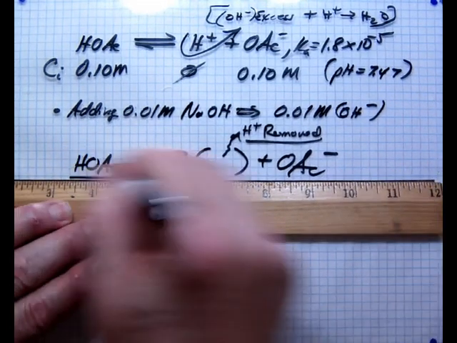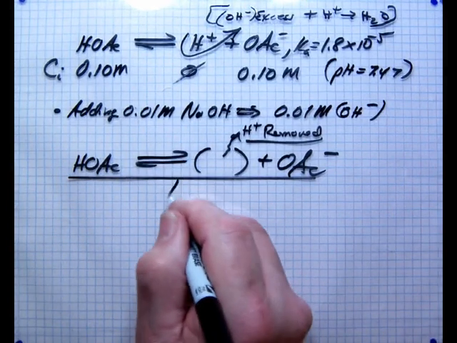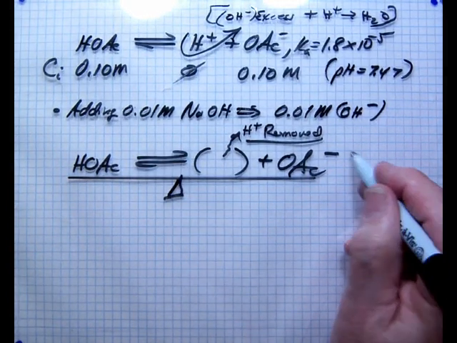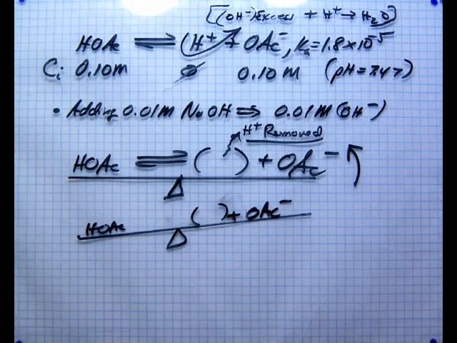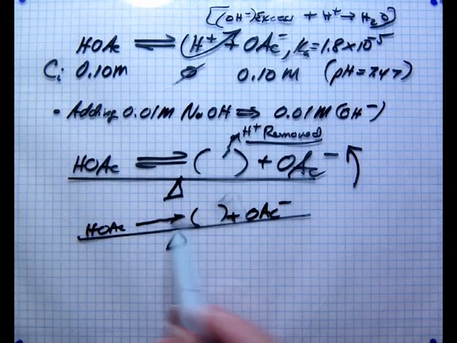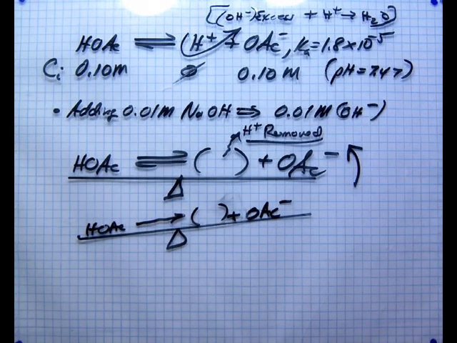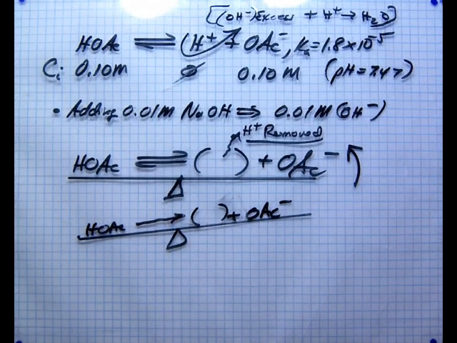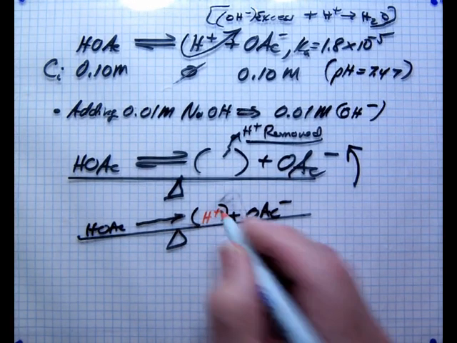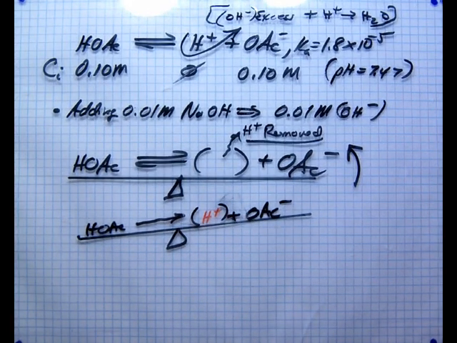So when we look at the equilibrium effect here, we'll find it will tilt to the left. The reaction will need to replace the missing hydrogen in here to reestablish the new equilibrium.